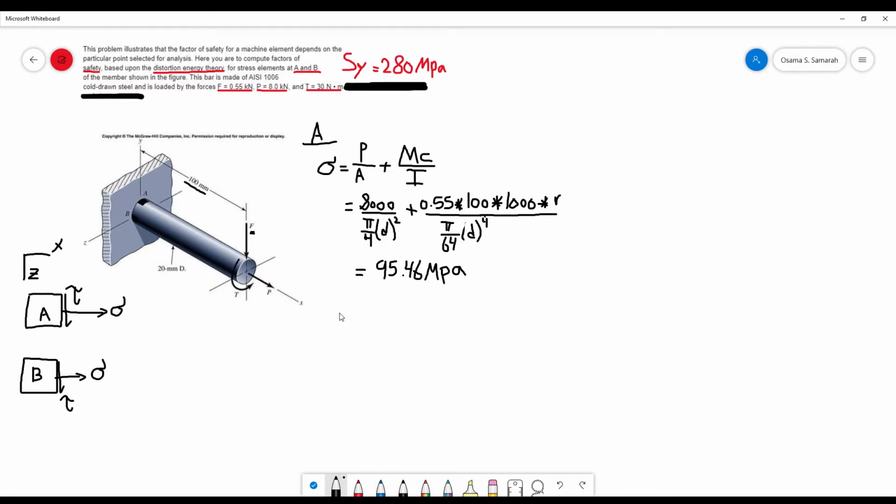So here is your sigma. For tau, tau is going to be equal to Tr over J, so Tr over pi over 32 times the diameter to the fourth, and this will come out to be equal to 19.1 megapascals if you plug in the value for the torque and the radius.